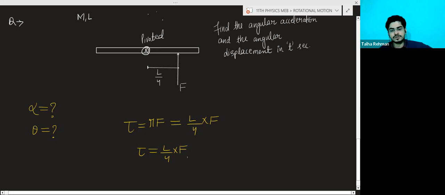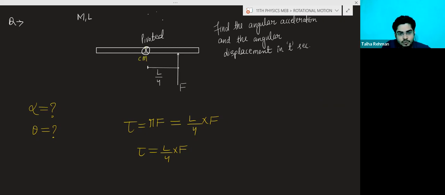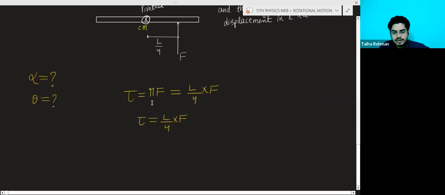This rod is pivoted at the center of mass. So I alpha is equal to L by 4 into F, with I as ml square by 12.